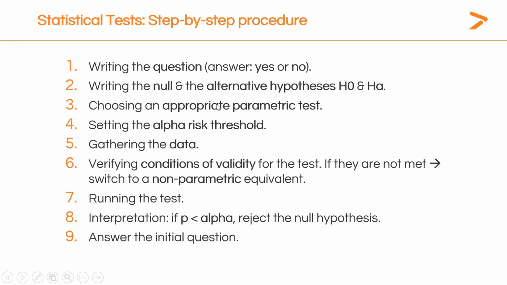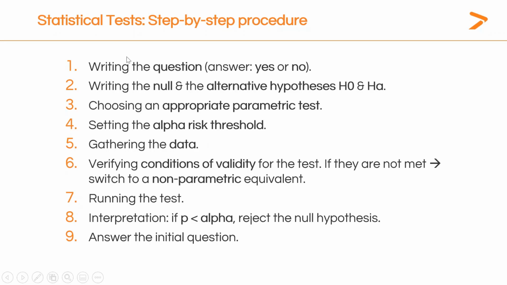And then we choose an appropriate parametric test. We set an alpha risk threshold. We gather the data. We verify the conditions of validity of the test, and if they are not met, one solution would be to switch to a non-parametric equivalent. We run the test, and if the p-value provided by the test is lower than alpha, we reject the null hypothesis. So let's develop each step aside.